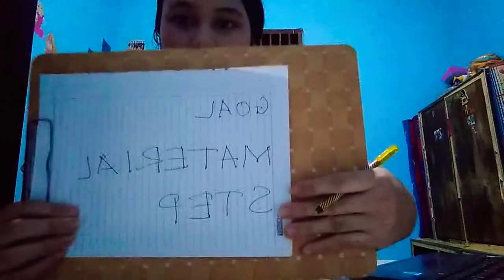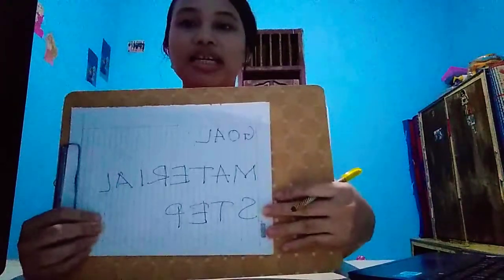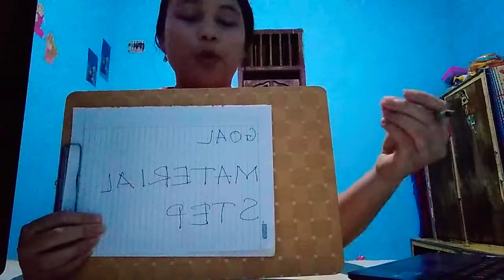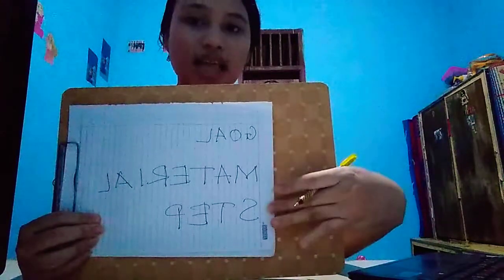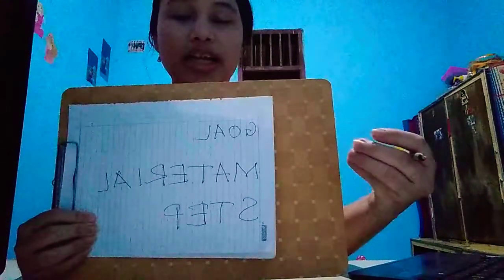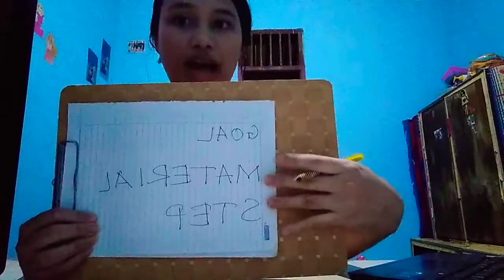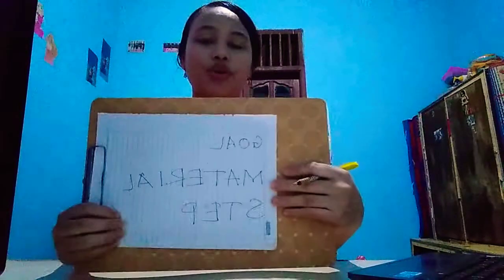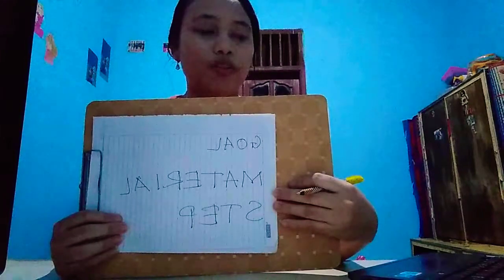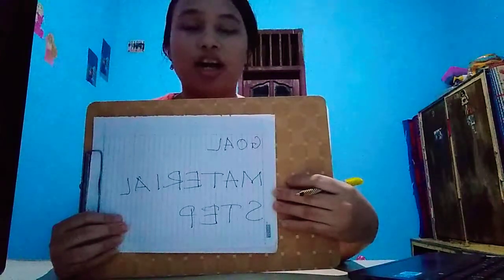And the step is describing the steps to achieve the purpose. The step contains the procedure, for example, how to make a cup of coffee. So you must include the process of how to make a cup of coffee.